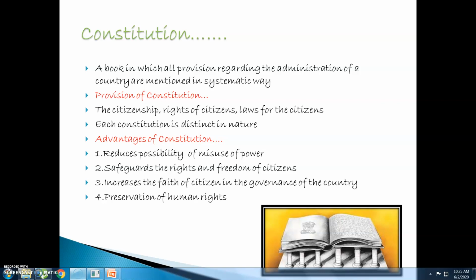The citizenship, rights of citizens, and laws for citizens are all mentioned in a book for the country that is called the Constitution. Advantages of the Constitution: it reduces the possibility of misuse of power.